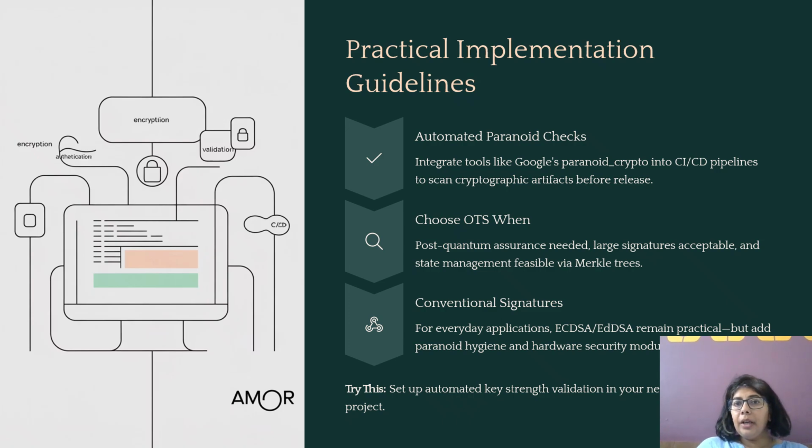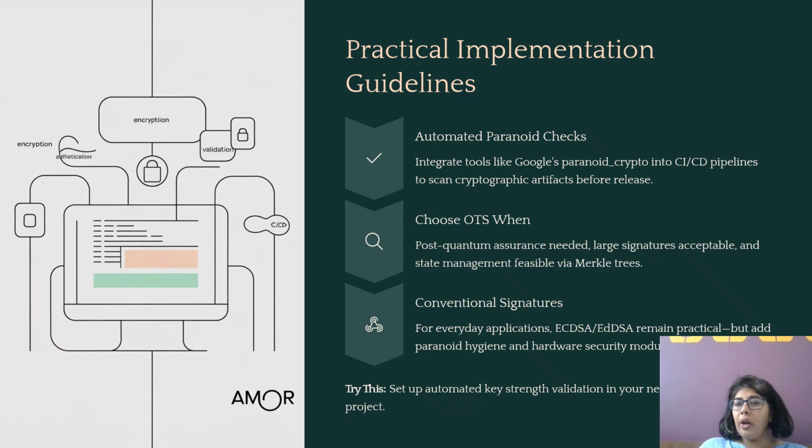Some practical applications and implementation guidelines when you are using paranoid crypto: automated paranoid checks, integrating tools like Google's Paranoid Crypto into CI/CD pipelines to scan cryptographic artifacts before release. Choose OTS when post-quantum assurance is needed, large signatures are acceptable, and state management is feasible via Merkle trees.